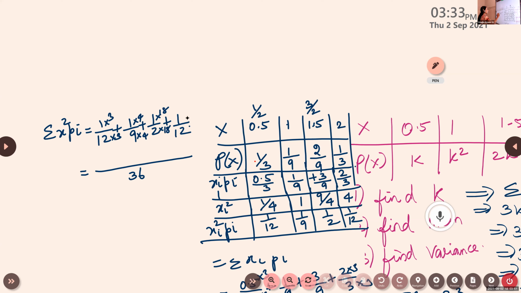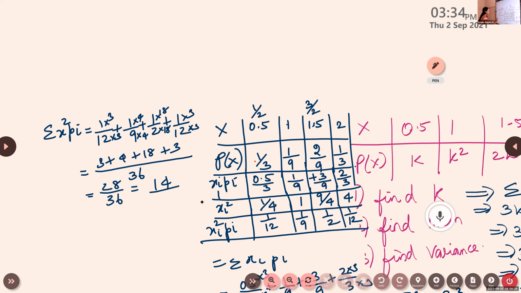So we get 3 plus 4 plus 18 plus 3. 3 plus 4 is 7, 7 plus 3 is 10, 10 plus 18 is 28 by 36. Simplifying, we can write this as 14 by 18, which is 7 by 9.